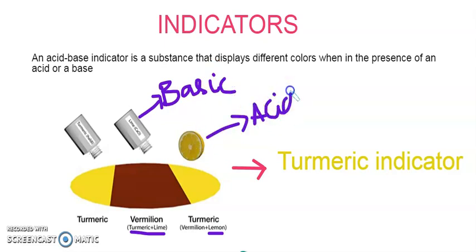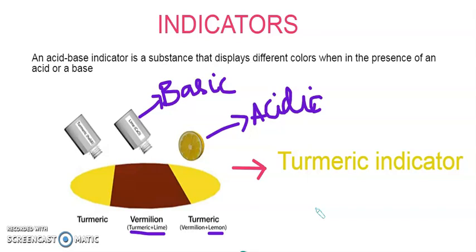So what do you observe in this? On the basic side, where the lime was added, it has turned to a maroon color. So the turmeric indicator tells you whether a given substance is basic or not. If the turmeric color changes to maroon, it means it is basic in nature.